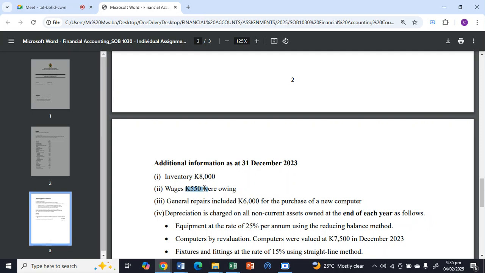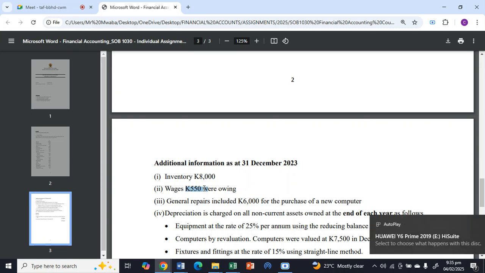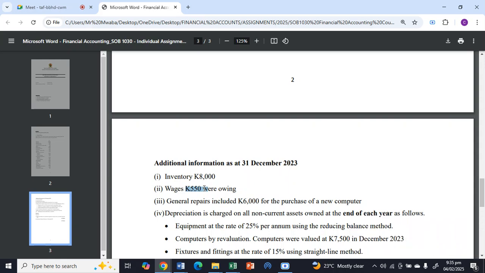I repeat, wages 550 kwacha, which are owing, means we haven't paid for these wages. And remember, according to the accruals concept, whenever you incur an expense, you record. So here we've incurred this wages amount of 550, which we haven't paid. So it means we owe it.